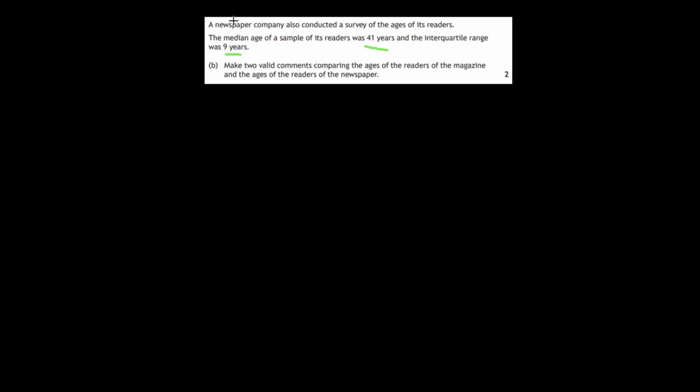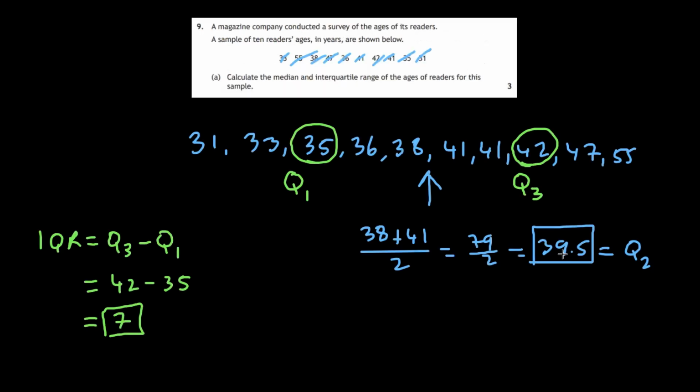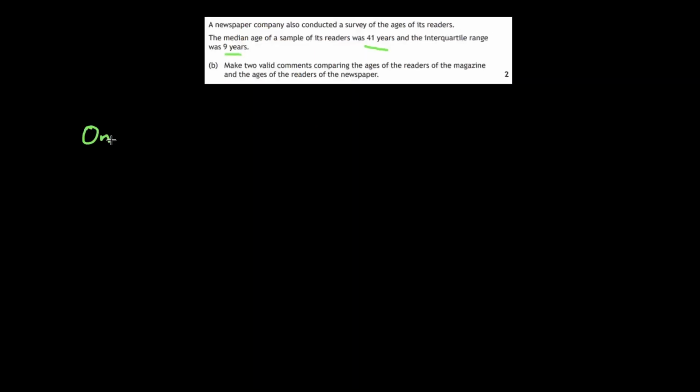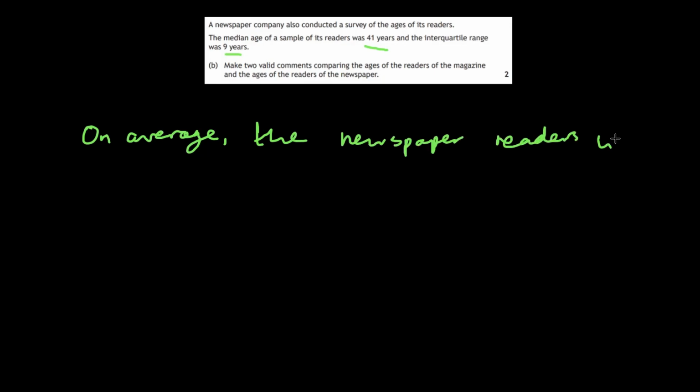So the median age of the newspaper readers was 41, and then for the magazine readers, it was 39.5. So we can say that on average, the newspaper readers were older than the magazine readers. And then what can we say about the IQRs?